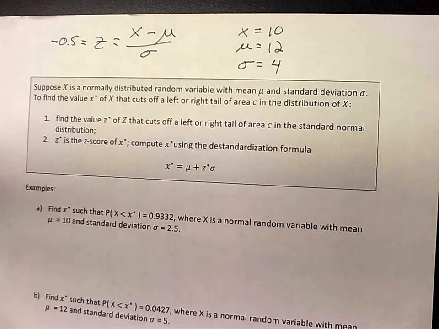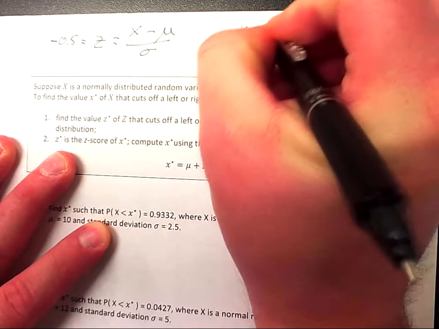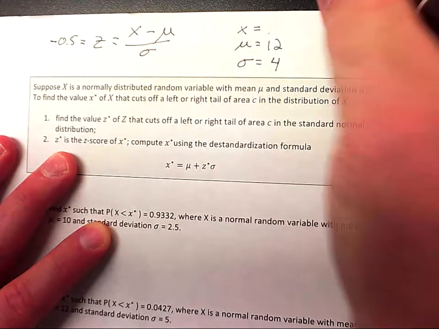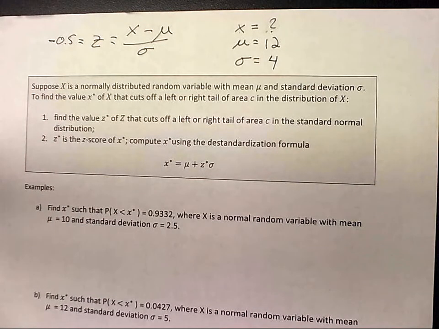Well, suppose that we did this. Suppose I didn't tell you this x value, but I told you that z was equal to negative 0.5. Would you be able to find x? Absolutely, right?